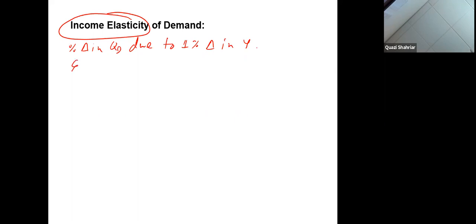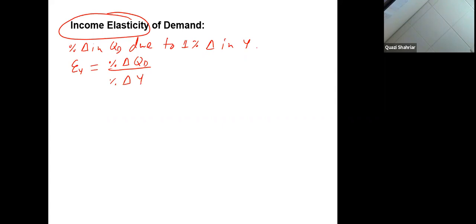Let's use epsilon to describe elasticity of demand like before, but I'm going to put a subscript of Y to emphasize that this is with respect to income this time. So it will be percentage change in quantity demanded over percentage change in income.